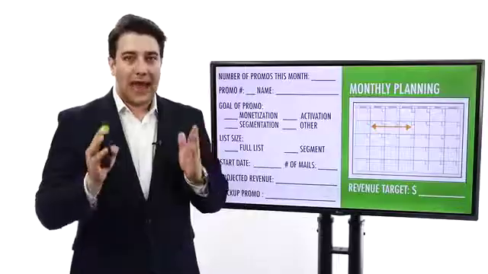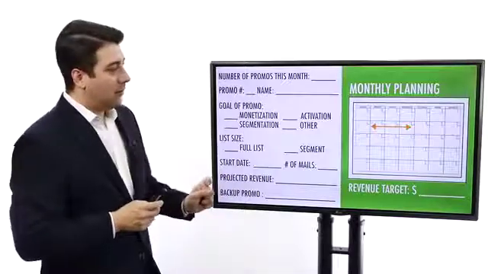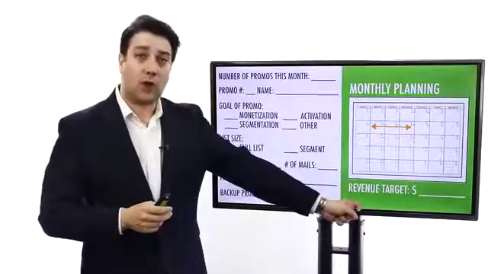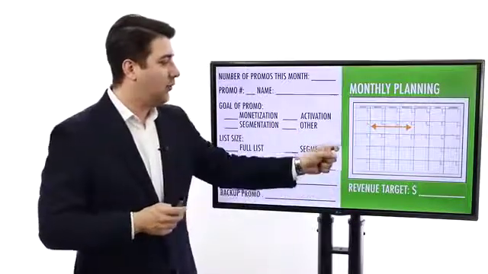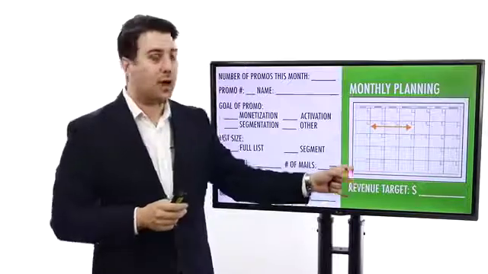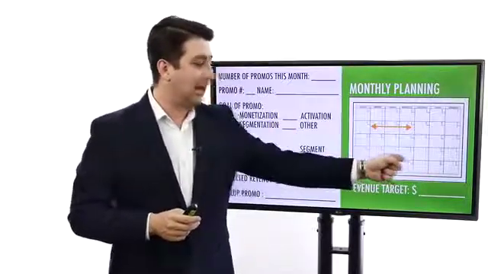Having a backup promotion can be the difference between hitting monthly, quarterly, annual goals and missing and falling flat on your face. Have a backup promotion, something that you believe will either hit the revenue target or will allow you to hit a different target to rebound later in the month, right? So if this campaign's not working, I have a monetization campaign here.